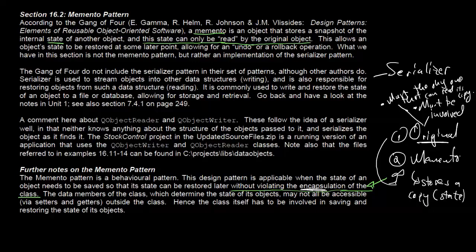Those are the encapsulation requirements. Therefore, this process of copying data to and from the memento must be handled by the original object. Or in other words, it has to be involved in order for the original object to feel confident that that state has not been violated in any way.